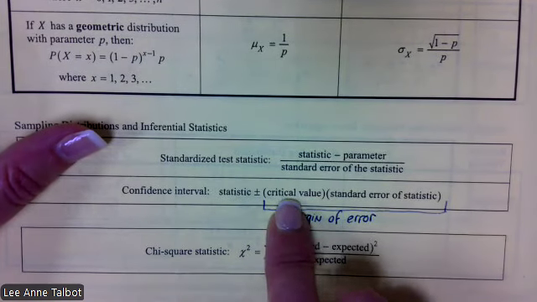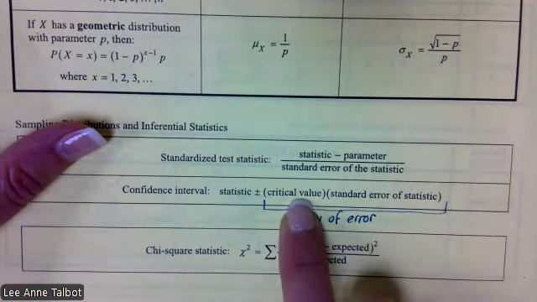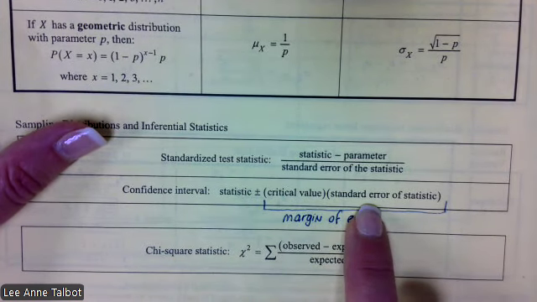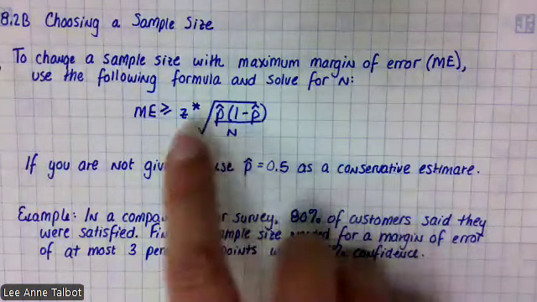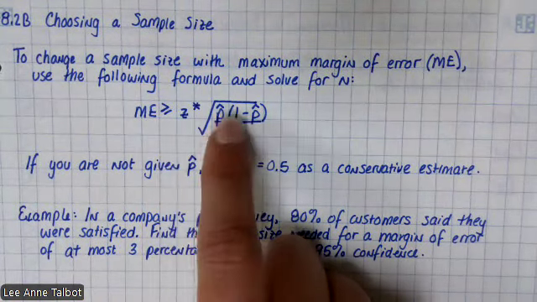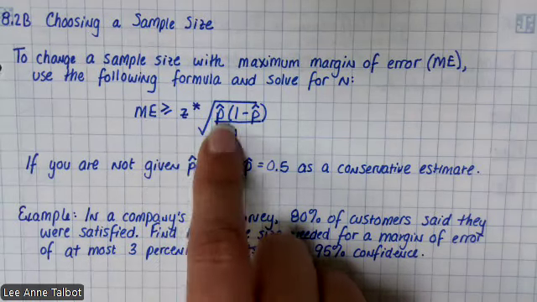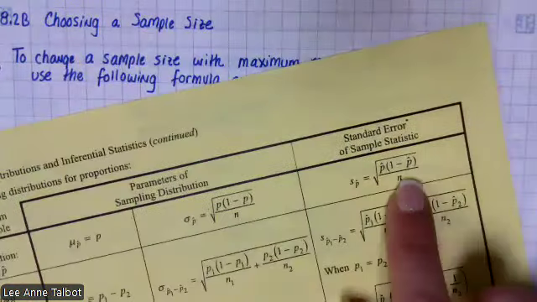It says for a confidence interval, the margin of error is the critical value times the standard error. So for what we're doing, I put margin of error, critical value, standard error. Critical value is Z star. Standard error came from this right here.